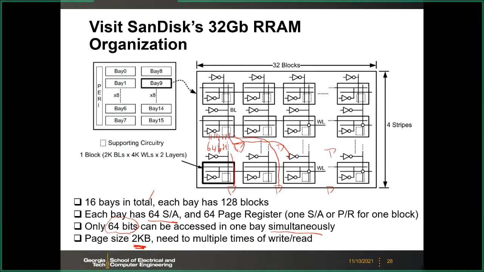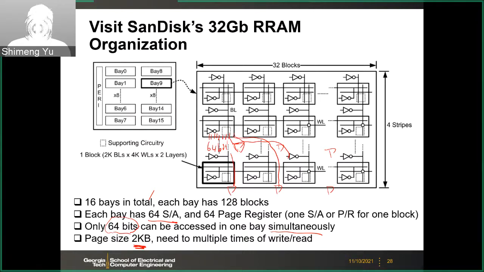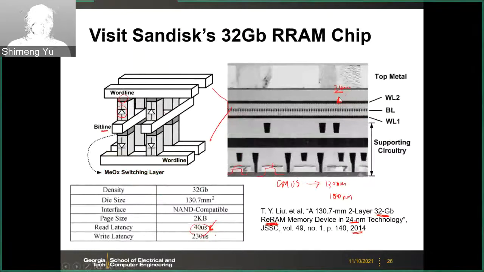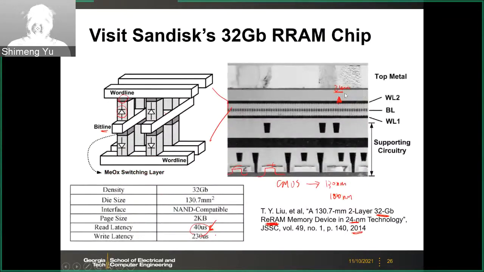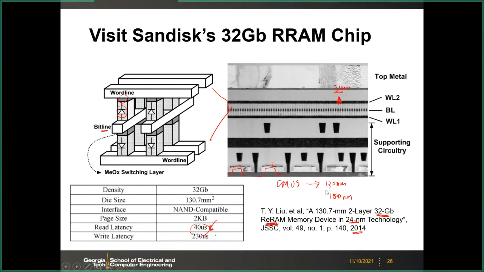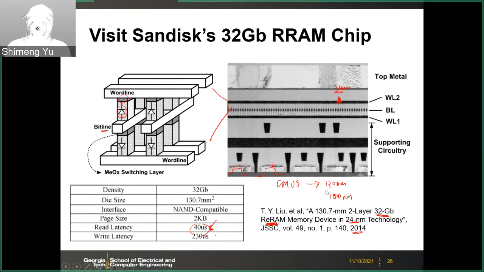And one of the reasons is that if you look at the cross-sectional view image, the cross-point array in this case has very high density because the pitch is like 24 nanometer, half pitch is 24 nanometer. But the peripheral transistors use old technology node. You look at the size, they didn't disclose the exact tech node, but from this scale, we can guess it's about like 130 nanometer or 180 nanometer.